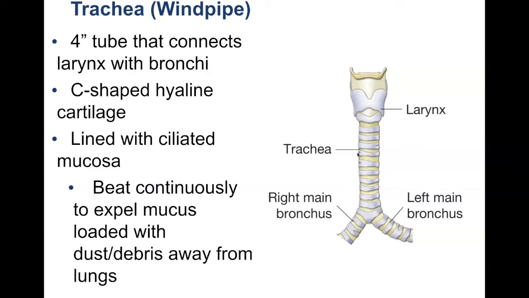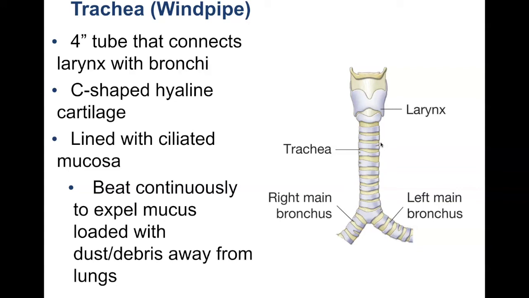And so within the trachea, though, there are these ciliated cells. And if you remember what cilia are, those are the little tiny hair-like structures on the ends of certain cells. And these cilia work just like the hairs in our nose, and they're going to be helping with filtering debris that maybe made it past the nose and the pharynx.